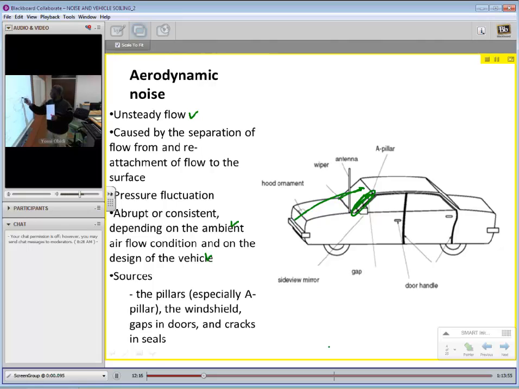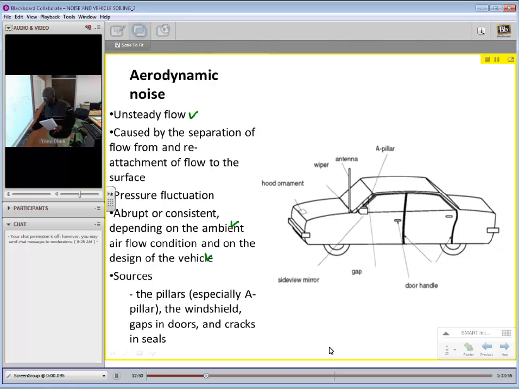The flow comes and hits the windshield, and depending on how sturdy the windshield is, we could hear a lot of flapping. If the windshield had been made of plexiglass, for example, we would. Well, our windshields are not made of plexiglass. They are sturdy, but we can still hear the sound from the direct hit of the wind coming, because that's a direct force on the windshield. So the windshield is a source of noise.